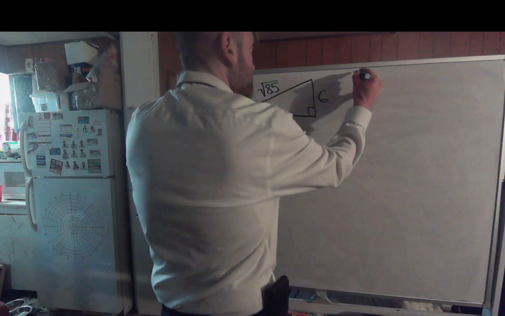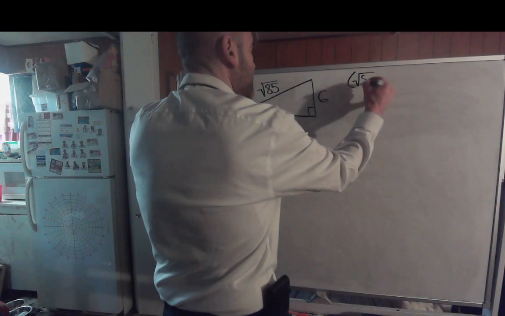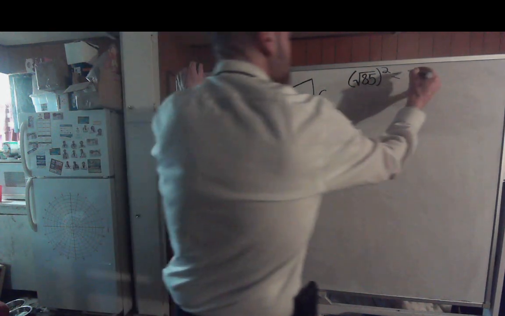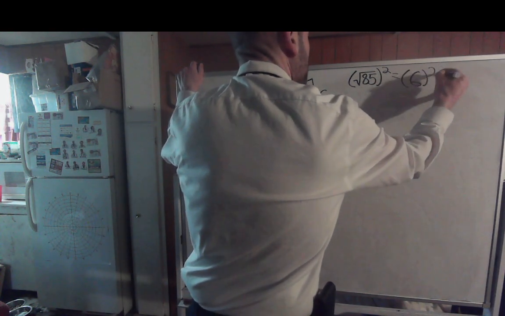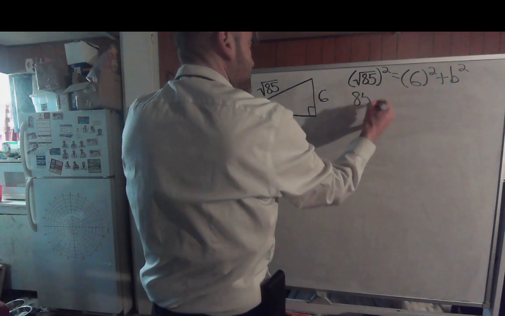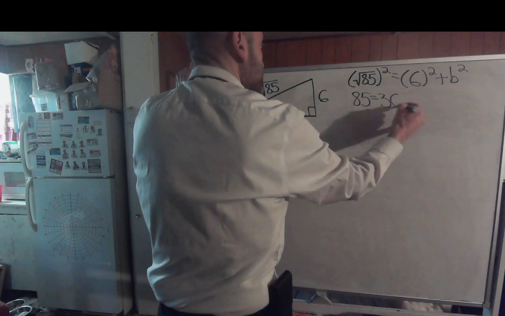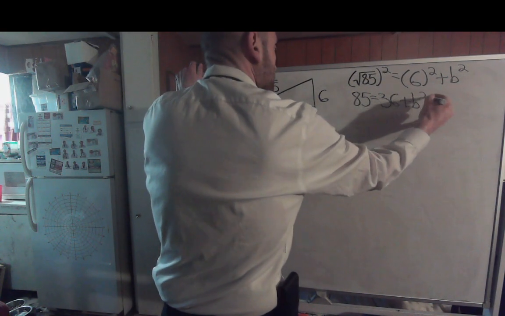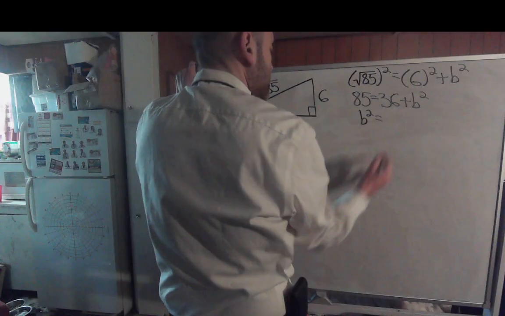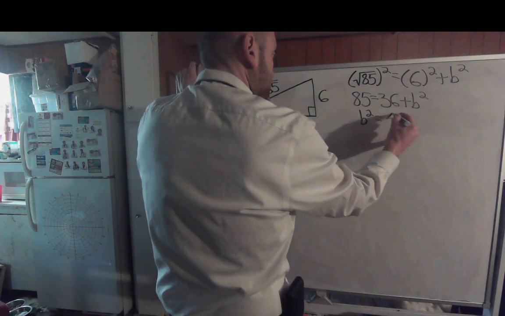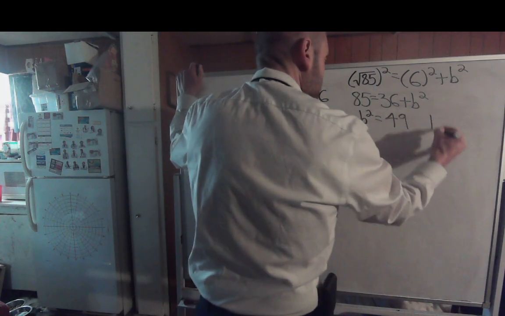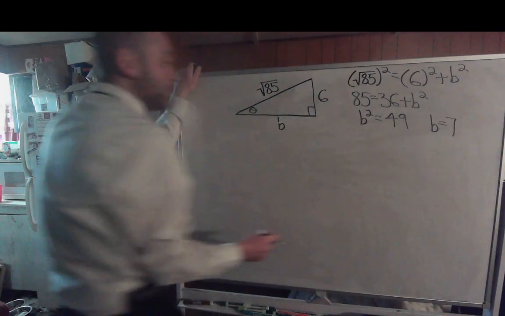So this means we'll take that square root of 85 to the second power, set it equal to 6 to the second power plus b squared, which would then mean that 85 equals 36 plus b squared. So that means b squared is then going to equal 49. Well, square root of 49 is 7. So we actually got a whole number there.